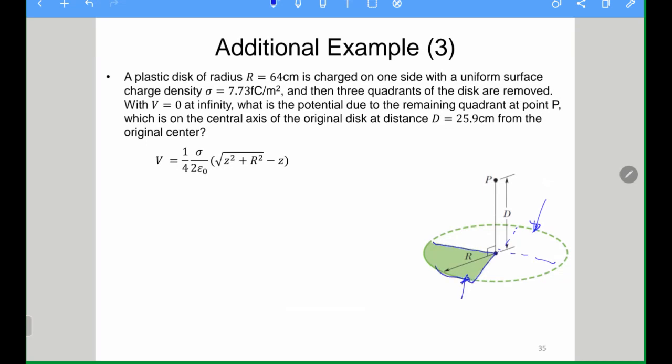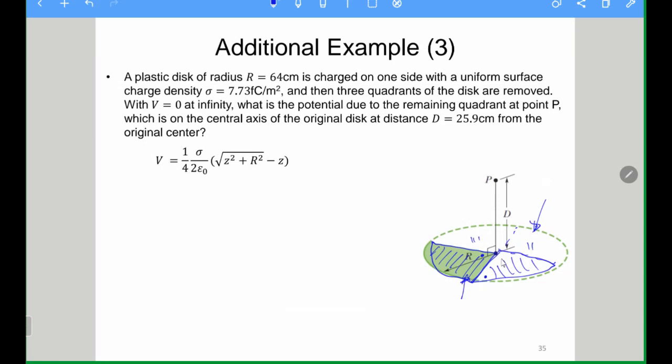For this whole part, it will generate the same thing as this one. You don't necessarily mean this one generates the same potential at point P. They don't. But if you consider the whole quadrant with this one, they will generate the same potential at point P, and so do this quadrant and also this quadrant. So in this sense, we know that by symmetry, only 1/4 of this whole potential is generated by this quadrant.